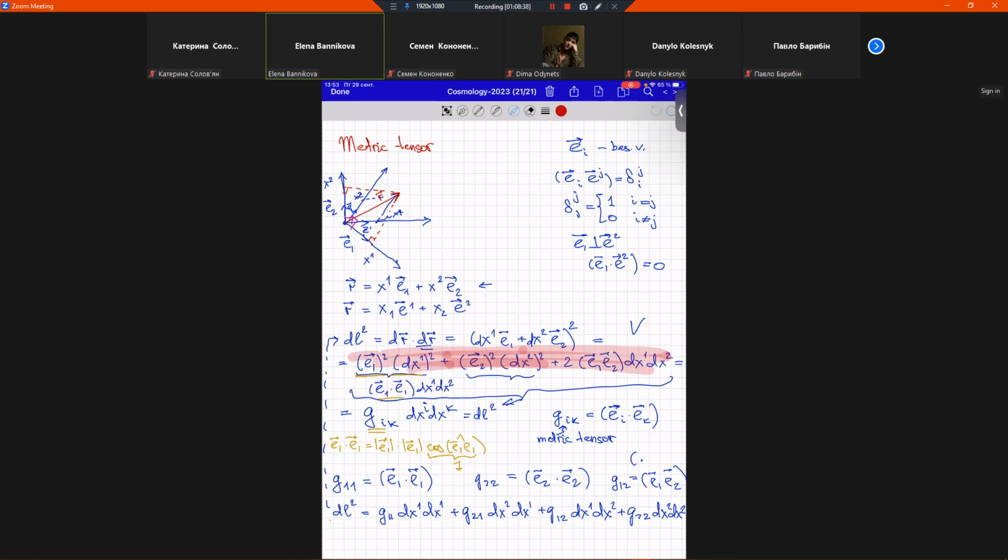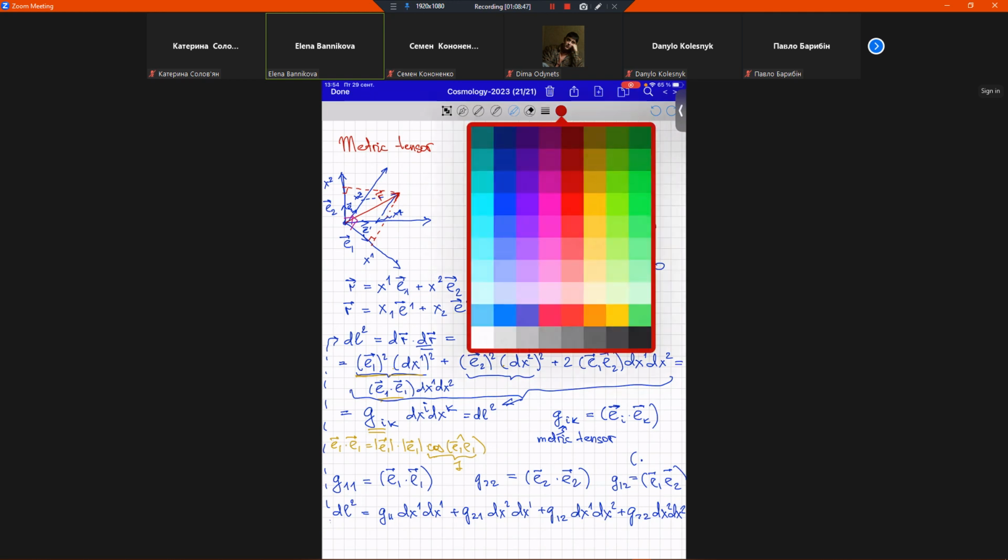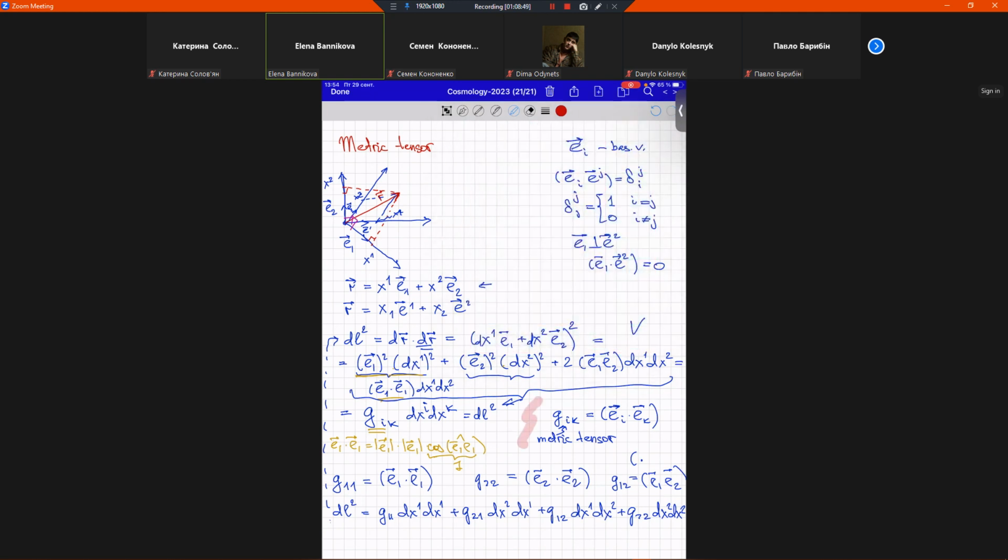So what is the point? This, let's put it in red, is the metric tensor, and we can prove that it's really transformed like a tensor.